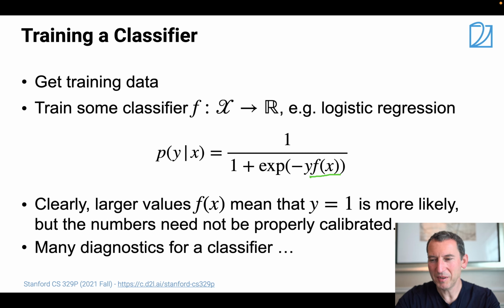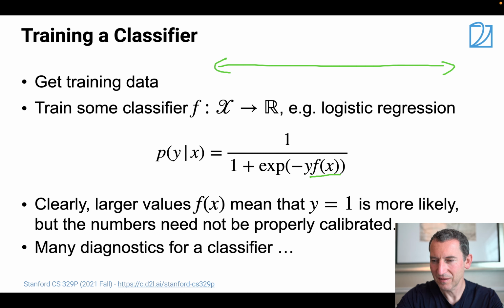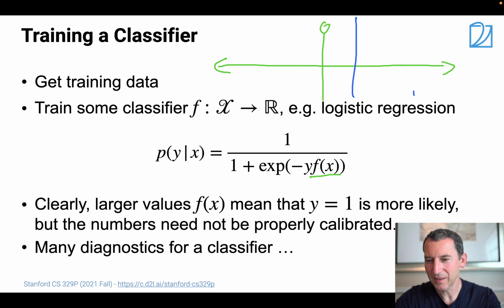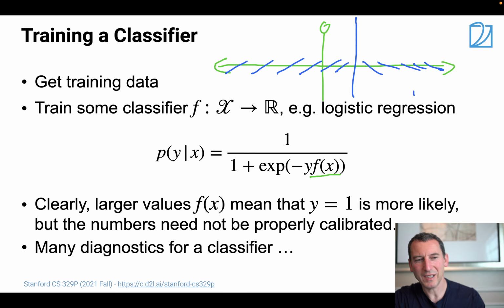Now, if you think about that scale, and here's 0, then if we were to make a decision here and label everything here as class -1 and everything here as class 1, we would be getting fewer false positives, because we are now using a classifier that's more conservative.